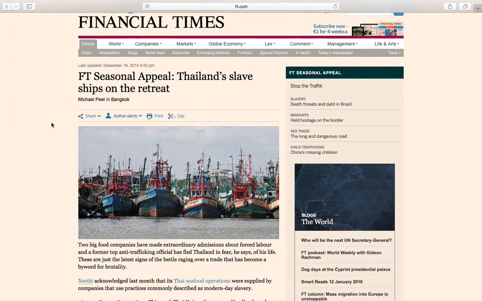The second article is about Thailand's slave ships. According to this article, they're on the retreat, reducing in numbers. It was only before Christmas I read a very interesting report which stated that slave ships in the seafood industry are becoming more prominent. Two weeks later, they're getting less prominent. Is this because they're not there?